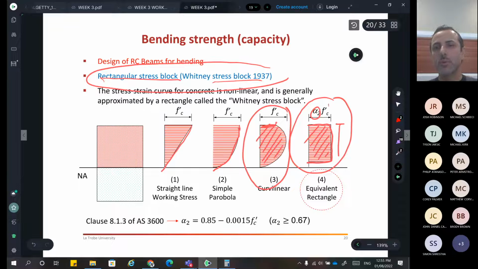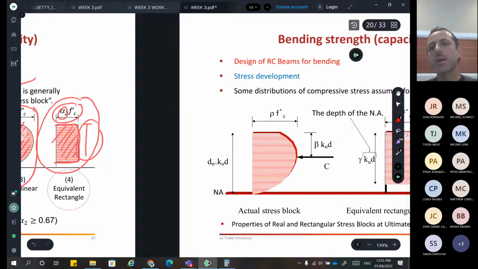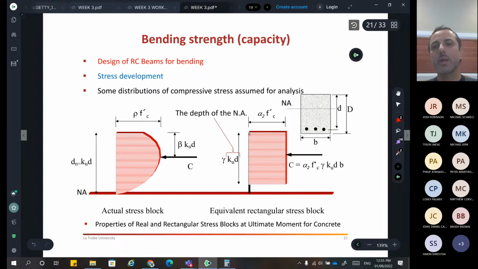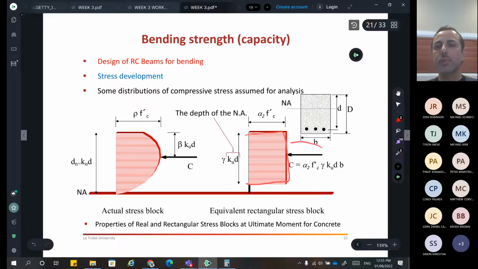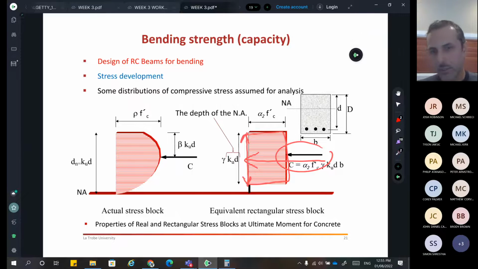There is a parameter for the horizontal direction and a parameter for the vertical direction, and these help us define the actual size of the rectangular block, and also the location of the C. Why? Because the standards define this depth, and when you know this depth, the center of that depth will tell you where C is located.